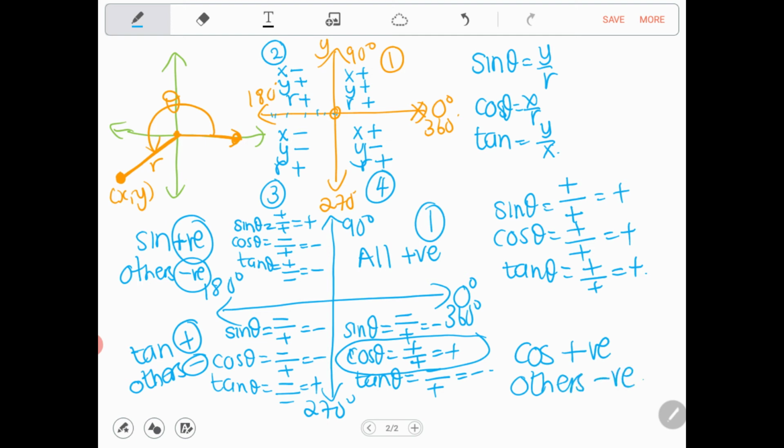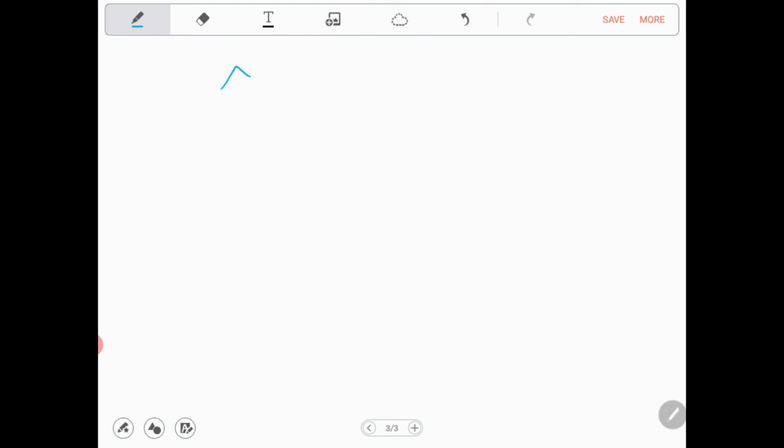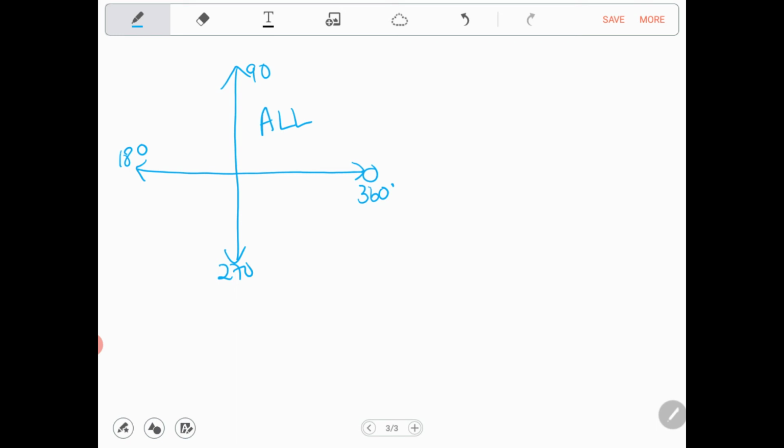Now this diagram that we've just drawn up and I've scribbled all over is called a CAST diagram, and we need to learn in which quadrants the functions are going to be positive and in which quadrants they are going to be negative. So when we think of trig that works on a Cartesian plane, we draw ourselves this CAST diagram and we put in the north, 90, 180, 270 and 360, and from the previous page we saw that all the ratios were positive in the first quadrant.